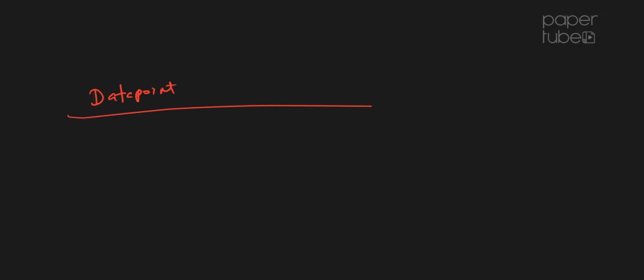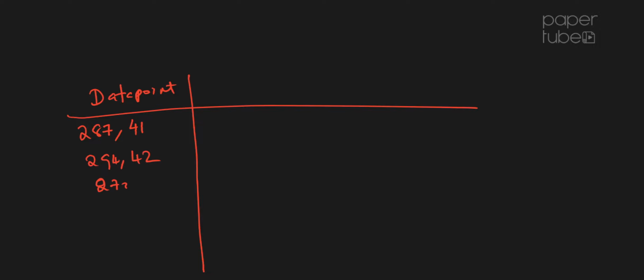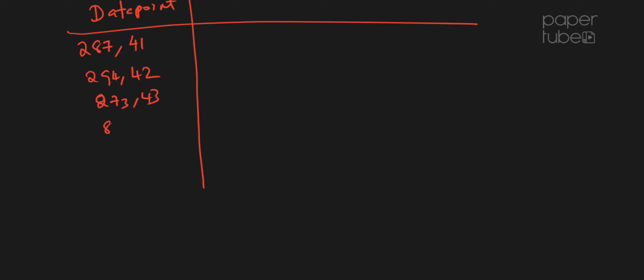so let's say data point. So we know the data points, let's write it: 294, 42; 273, 43; 78, 74; 81, 74; 87, 80.